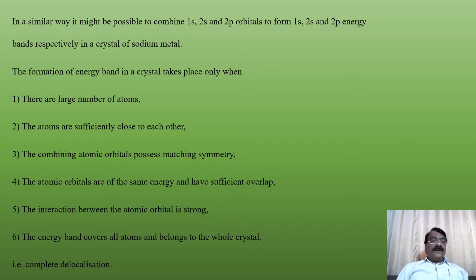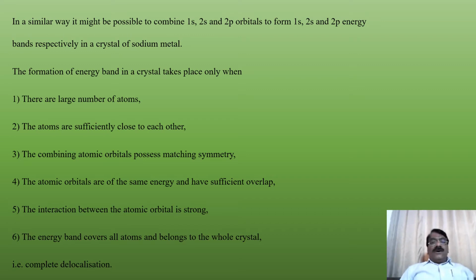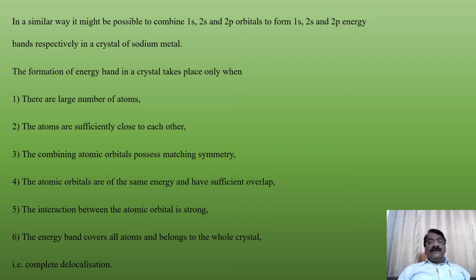Fifth, the interaction between the atomic orbitals is strong. Sixth, the energy band covers all atoms and belongs to the whole crystal, that is, complete delocalization of electrons takes place.